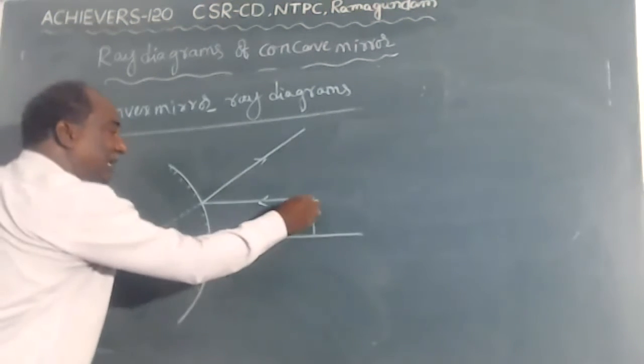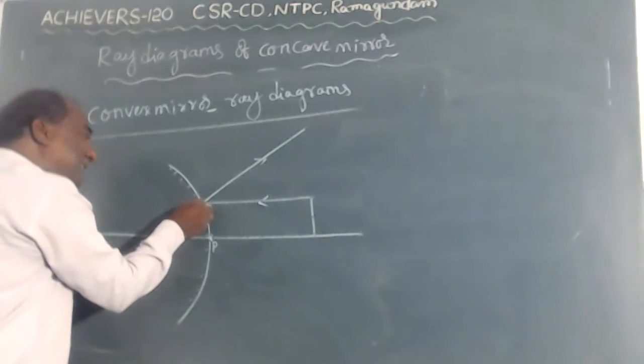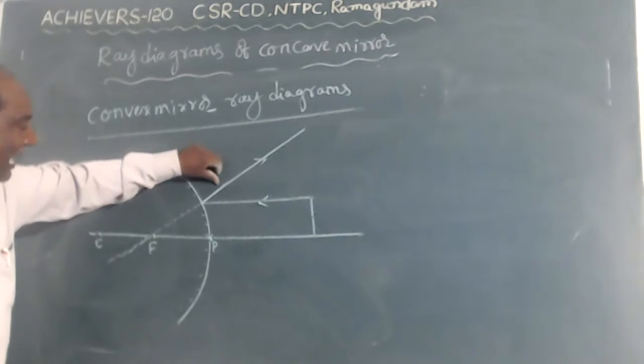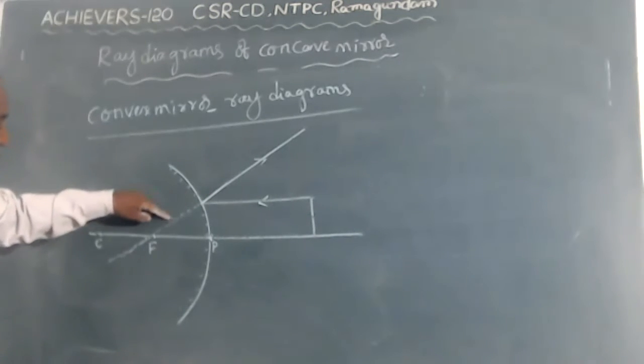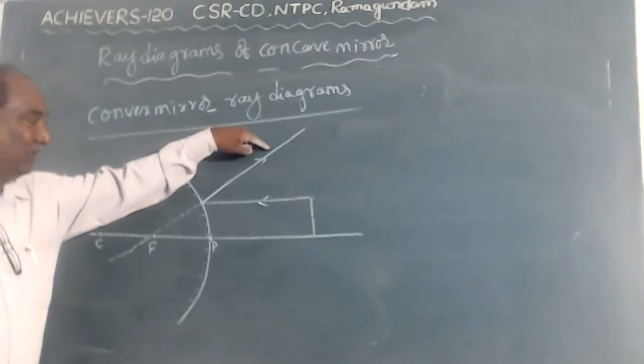Convex mirror: a parallel ray comes from the object, strikes the curved surface and gets diverged. So extend this diverged ray and it appears as coming from the direction of focus.